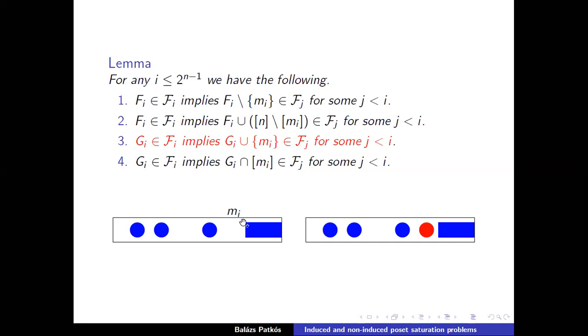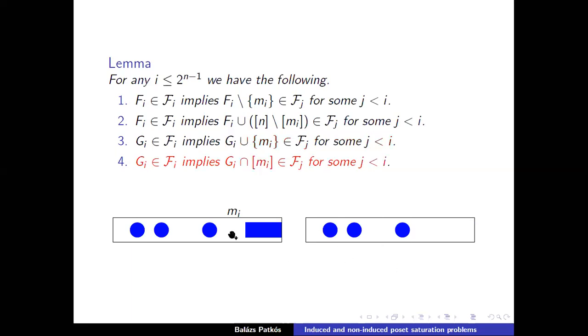That means that m sub i is the largest element that is missing from here. So statement number 3 says that if I have such a set that is added at some point of the greedy collects process, then if I put there the largest element missing, then this was already added in the family.